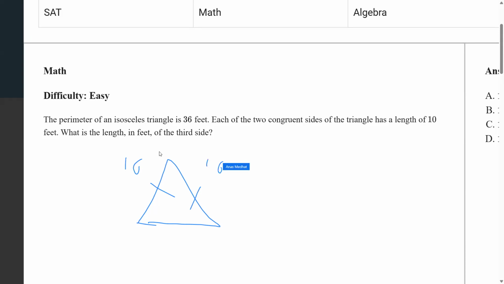The perimeter is when we add the sides of the triangle. This is x, we don't know it. 10 plus 10 plus x is equal to 36. So x is equal to 16.